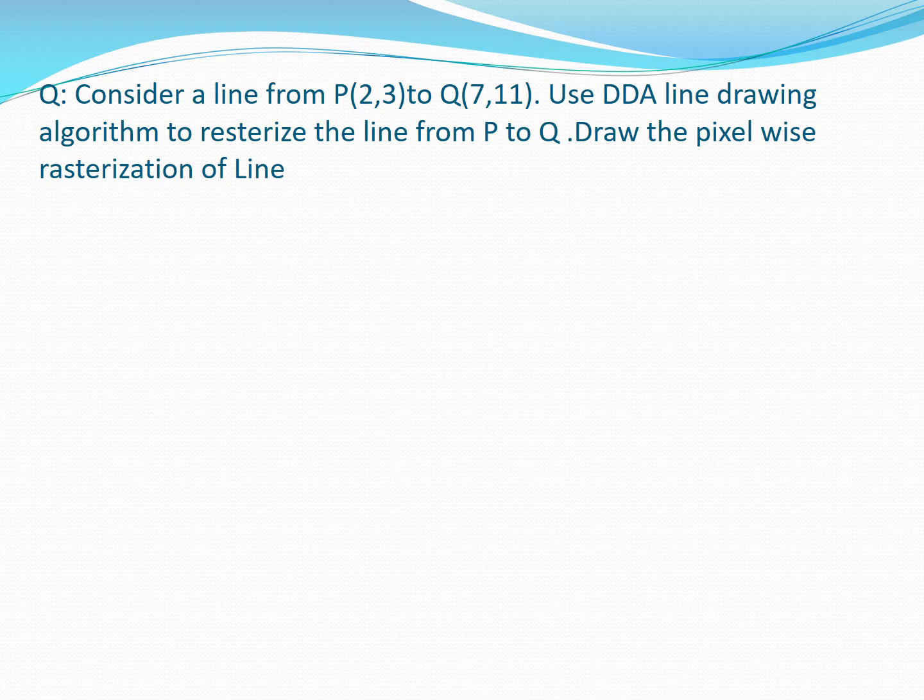So we know what DDA is, right? Digital Differential Analyzer. How do we find the first pixel? First we need to find the slope, right? What is the formula for the slope?